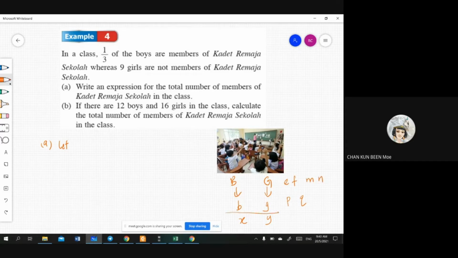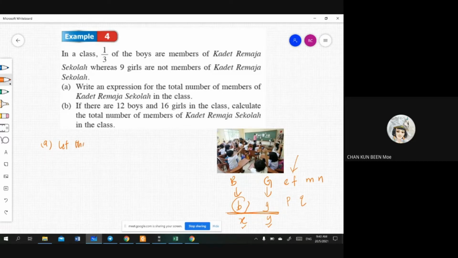Like ours over here, B with G, it doesn't continue, right? It doesn't mean that you cannot use it. You still can, but it will be better if you use the algebraic term that continues from the previous variable. Okay, we call this variable. Hopefully you still remember. So if you want to use B, no problem. I carry on with what you have suggested.